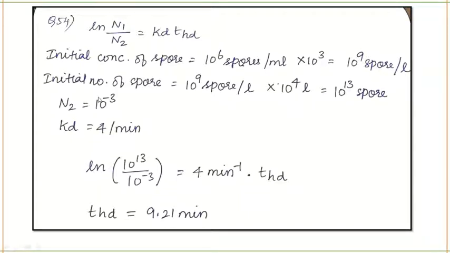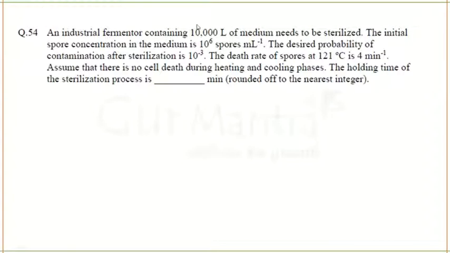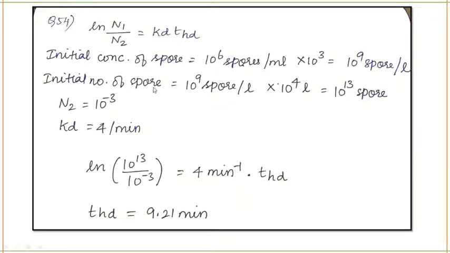This is the concentration. If you want to know the number, you multiply the concentration by the volume of the medium in liters. Multiplying 10 power 9 spores per liter by the 10,000 liters of medium gives 10 power 13 spores.